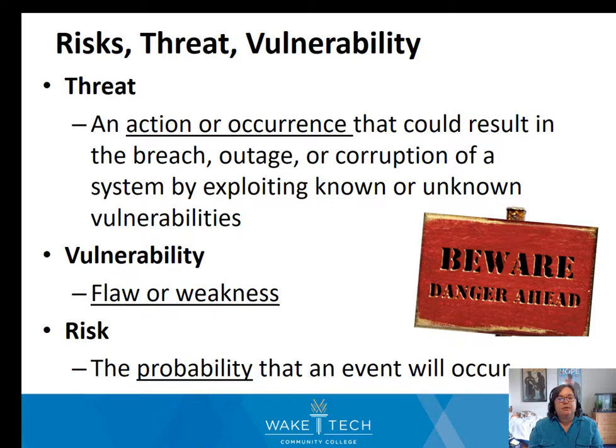The threat can be something we know about and something we don't know is down the road. So it's harder to figure out exactly what all the threats are, but there are ways to ask certain questions and find out. Risk, again, was probability, and then the vulnerability is the flaw that is attacked. So it could be a weakness in software.